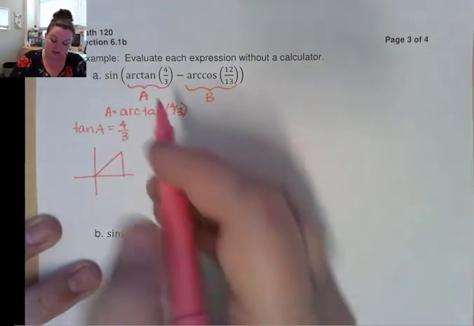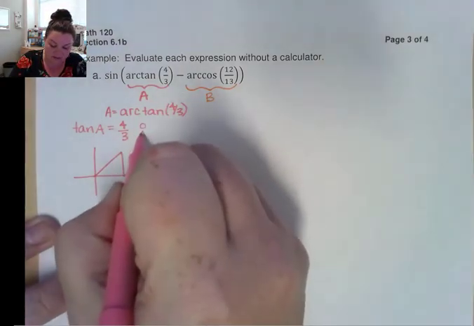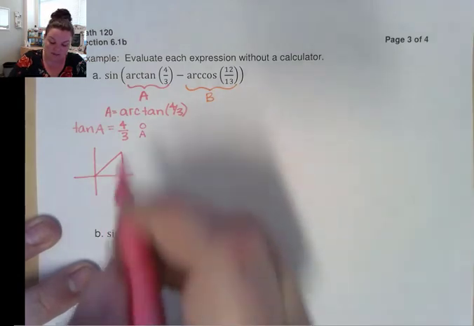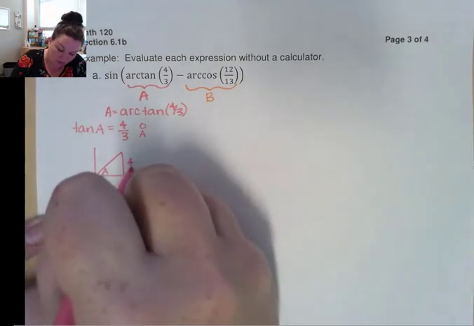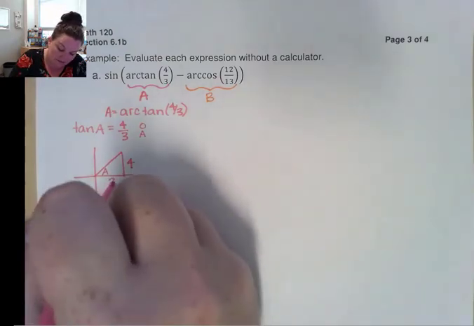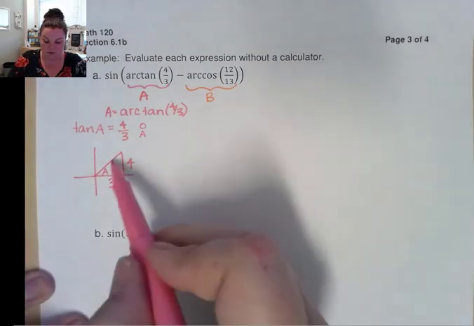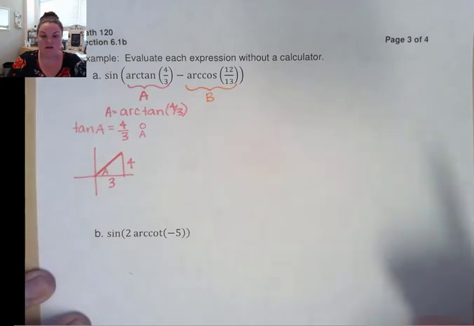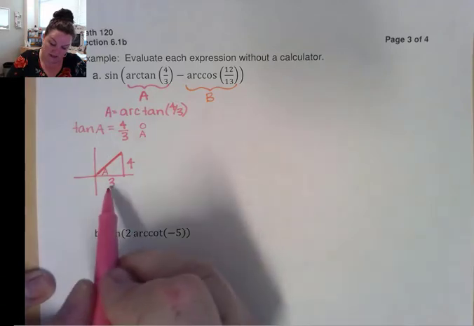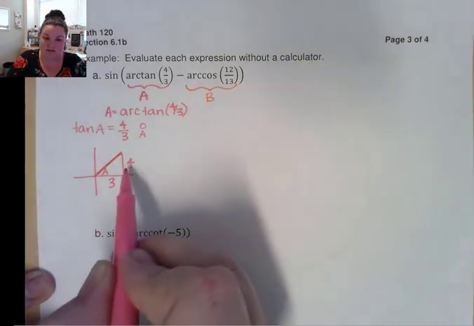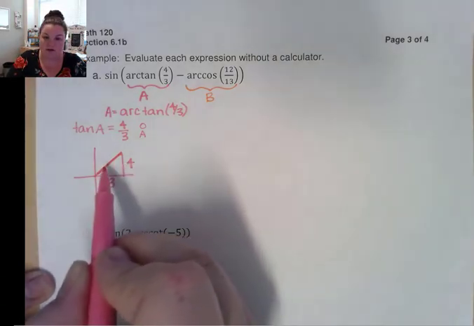We know that tangent is opposite over adjacent. So opposite this tangent A angle is going to be a 4, and adjacent is going to be a 3. So I need to figure out what this other length is. So again, I'm just going to use the Pythagorean formula, which says that my x squared plus my y squared equals my hypotenuse squared.